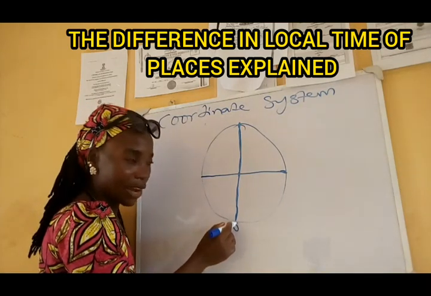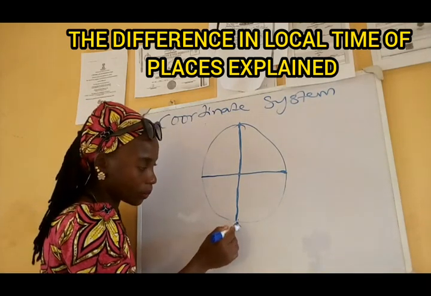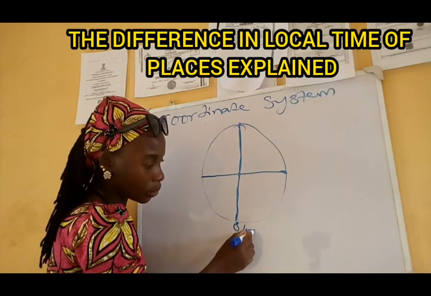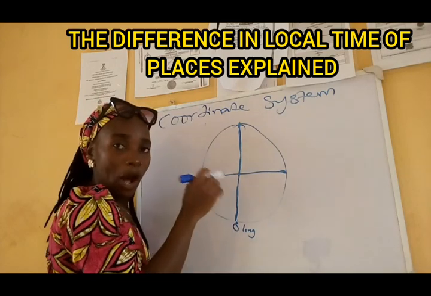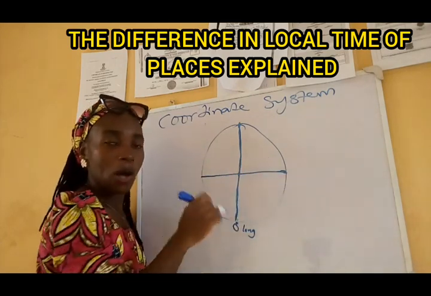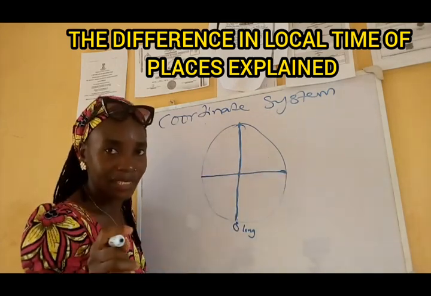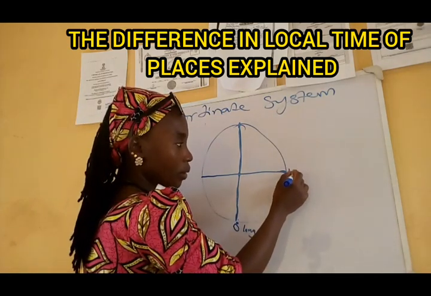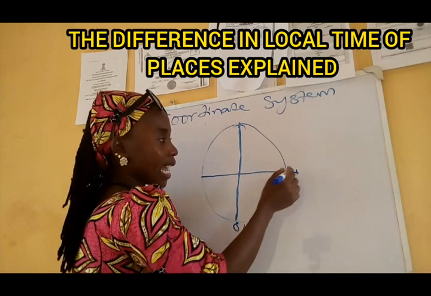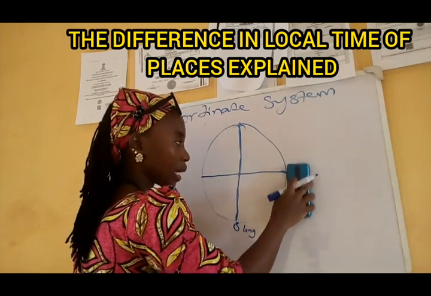Now, this line that cuts vertically is called the line of longitude. It's at 0 degrees. Then this line that cuts horizontally is called the line of latitude. Latitude is at 0 degrees.